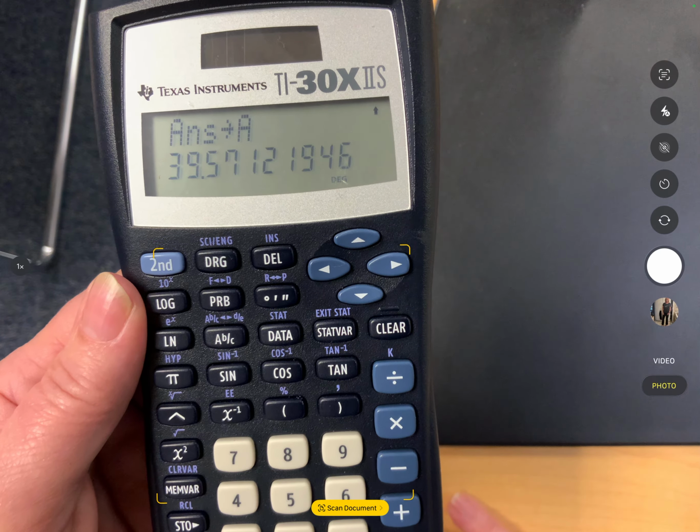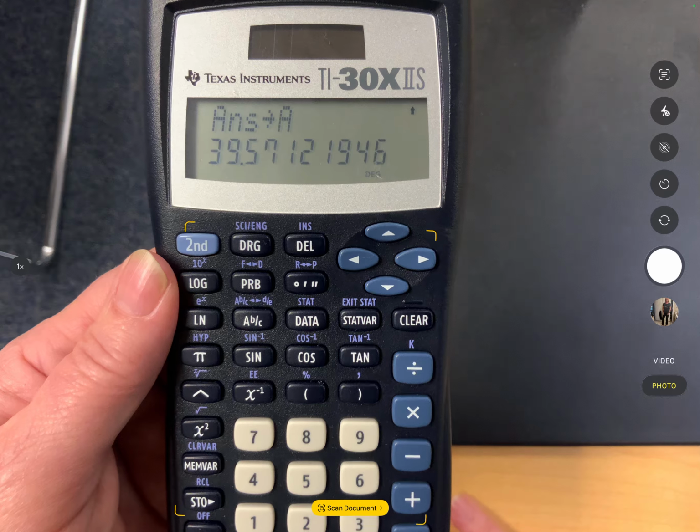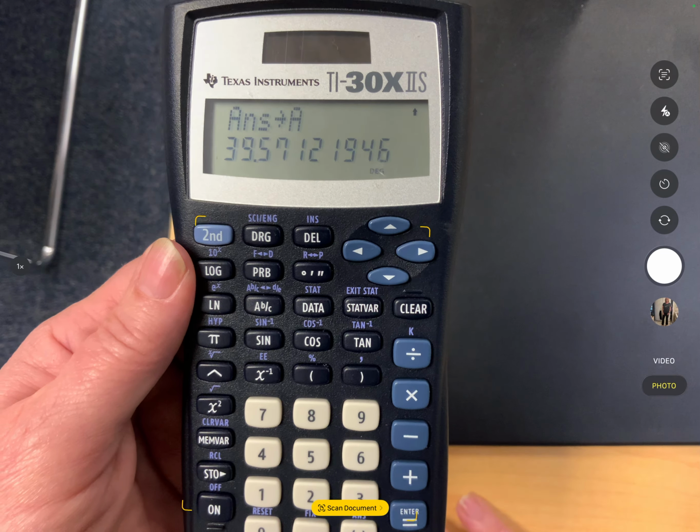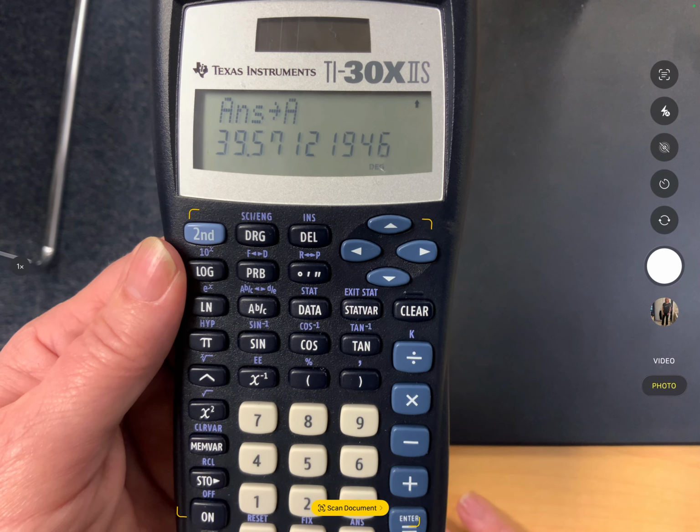So I need to switch from a 1-digit to a 2-digit. And so I can only override 1 digit. The next is I want to insert 2, and it'll put it in front of the cursor. These are just some handy things to know about your calculator.